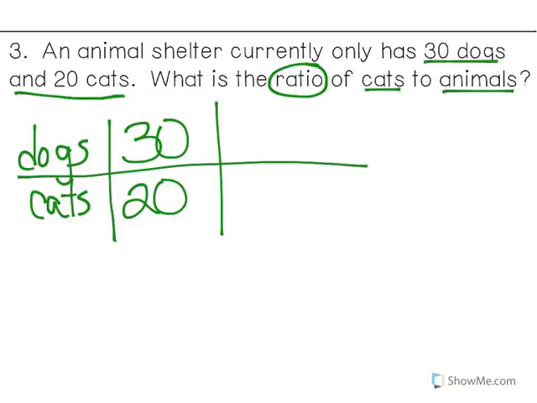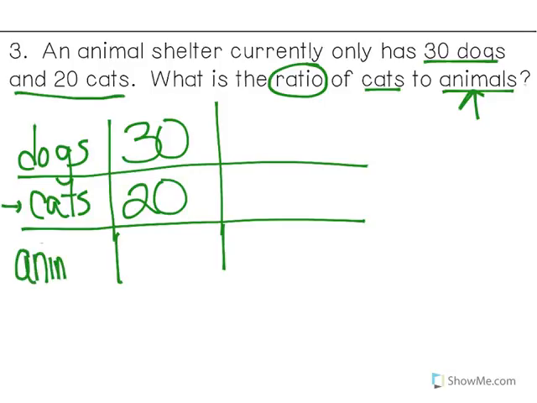My question wants to know what is the amount of cats to animals. Cats to animals. Animals means all together. So I would need to make a new column. Cats to animals.